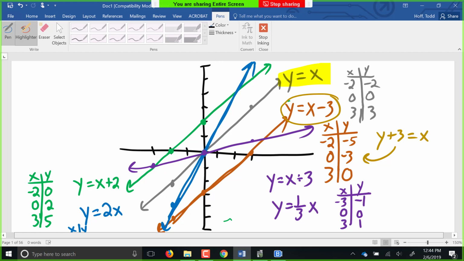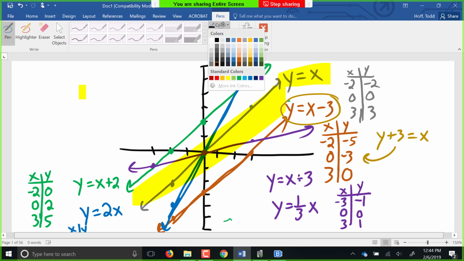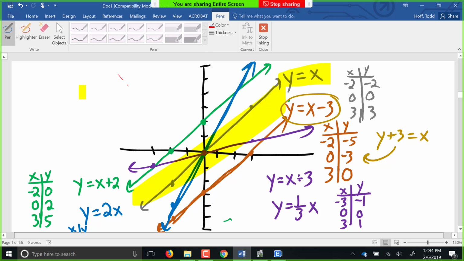So far, however, all of our lines as we move left to right across our graph have gone up. Some steeper and some shallower, but they've all gone up. What do you think we would have to do to make one go down? Let's try y equals negative 2 times x.